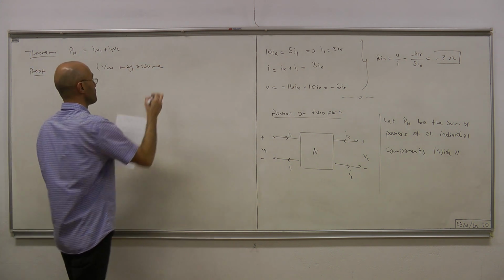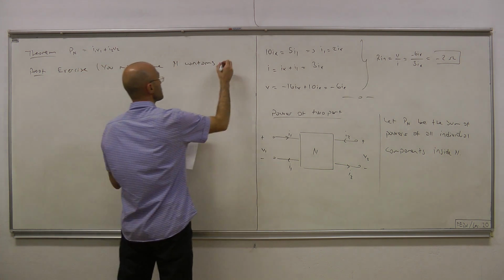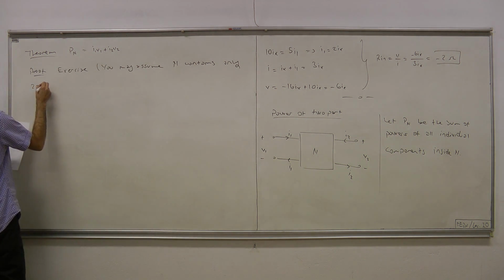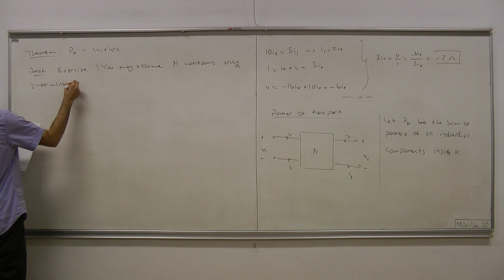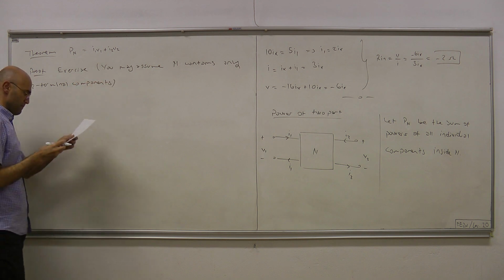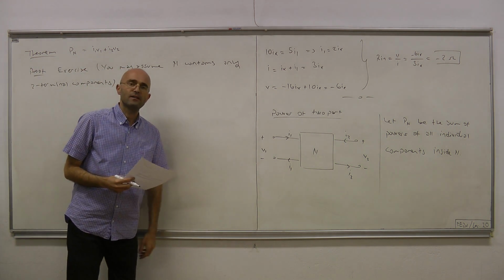You may assume N contains only two-terminal components for the proof. Okay. And how you prove it is, you prove it by Tellegen's theorem.